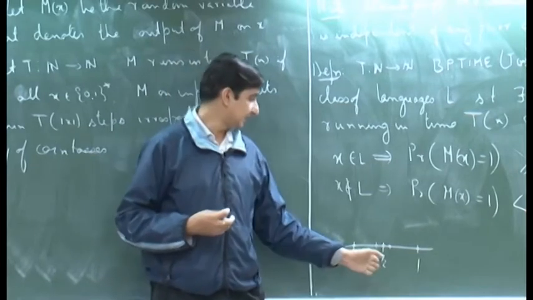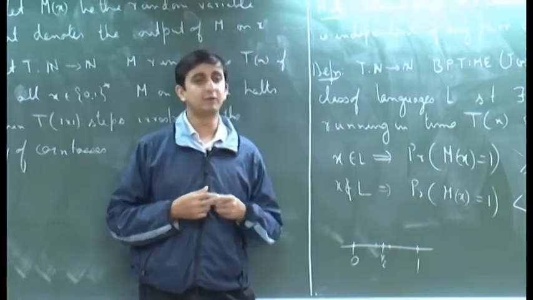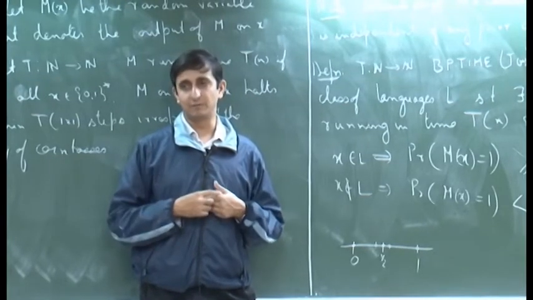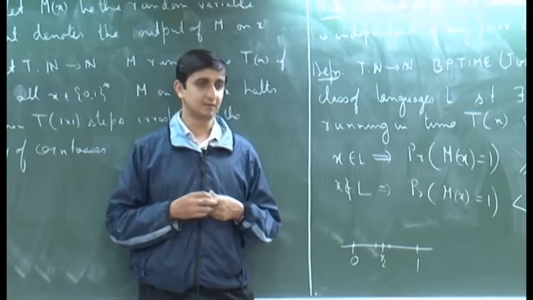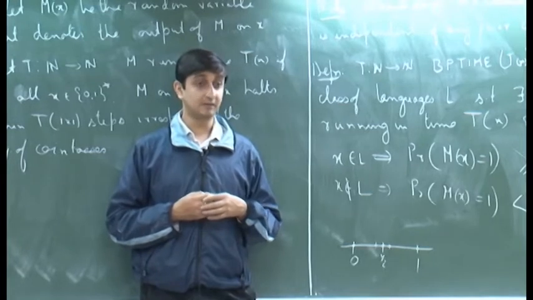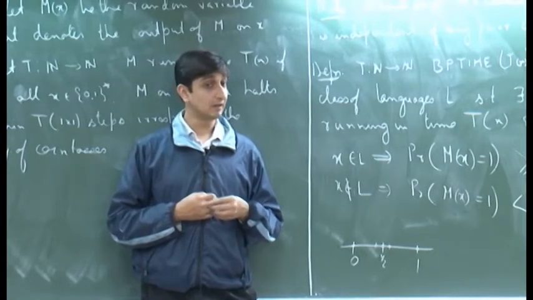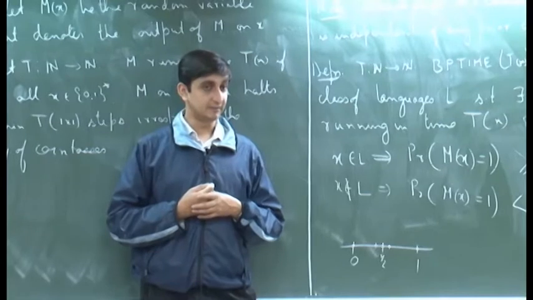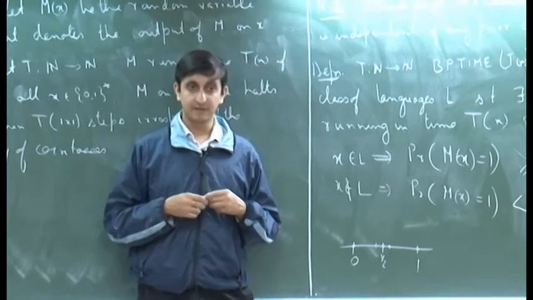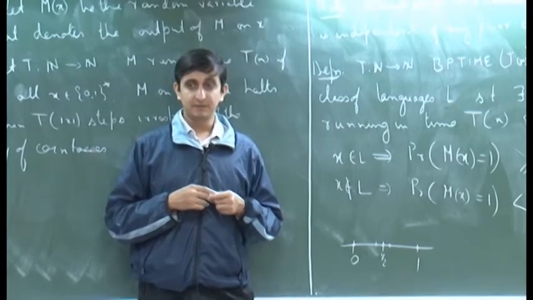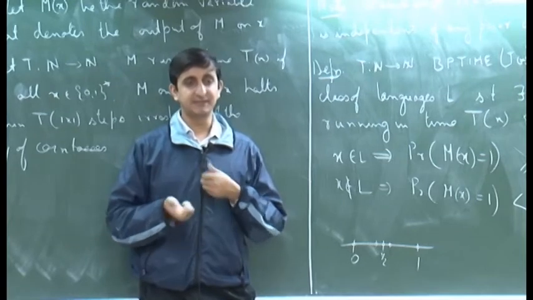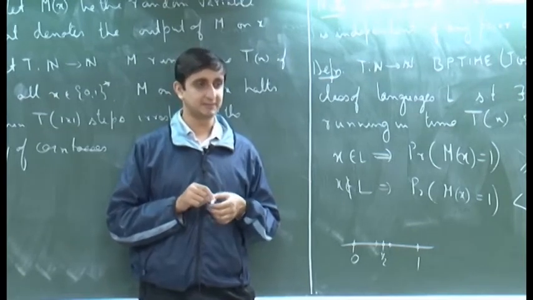So, it can be something like half plus 1 over n to the power 10, or half plus 1 over n to the power c, where c is a constant. So, that is the definition, because if you look at the problem that we had in the quiz, this class PP, what is the gap between a string that is getting accepted and one that is not getting accepted?